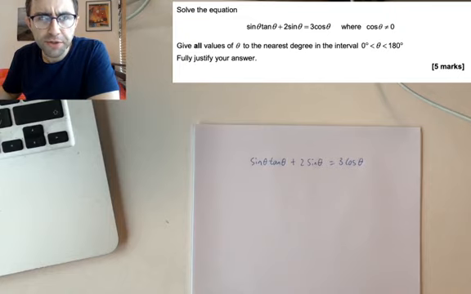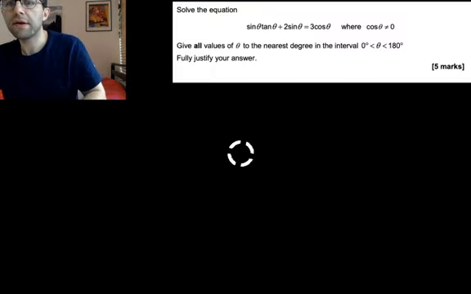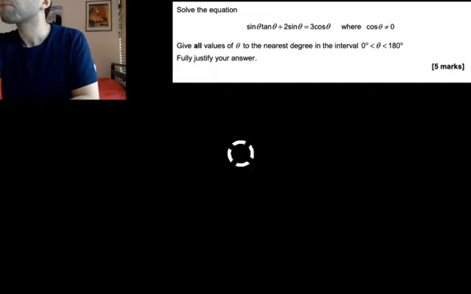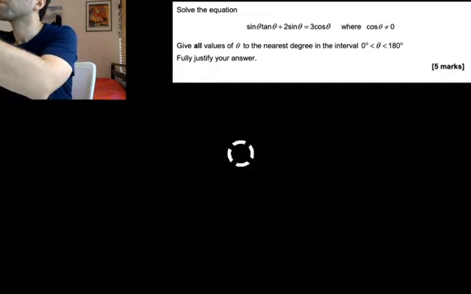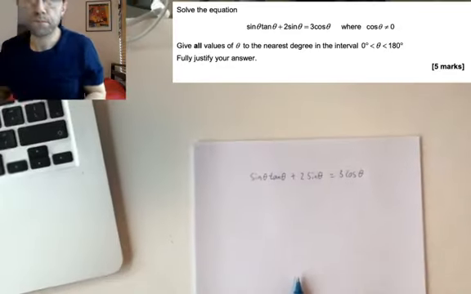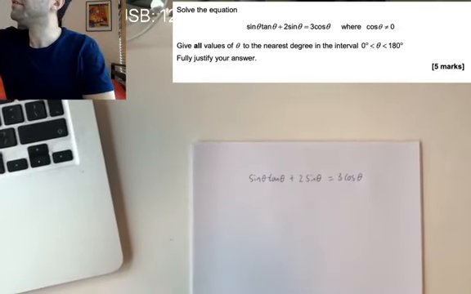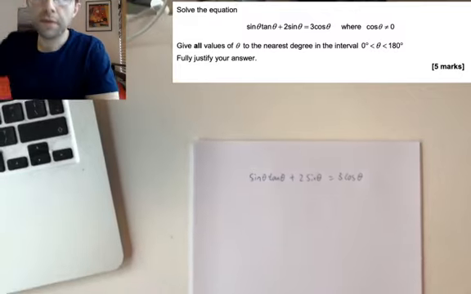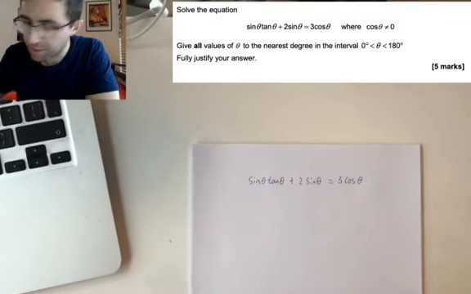Probably different ways you could do it. I am going to get going and see where we get with it. My idea is divide both sides by cos theta.